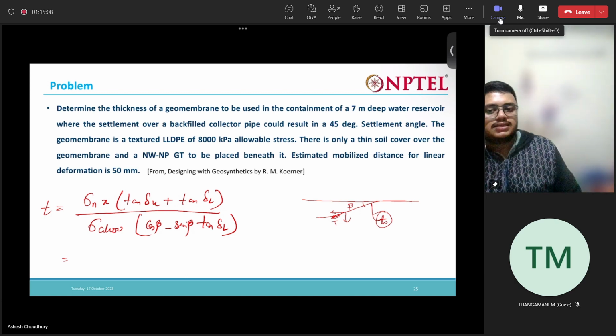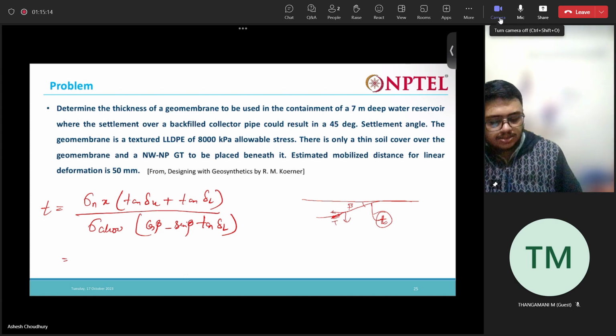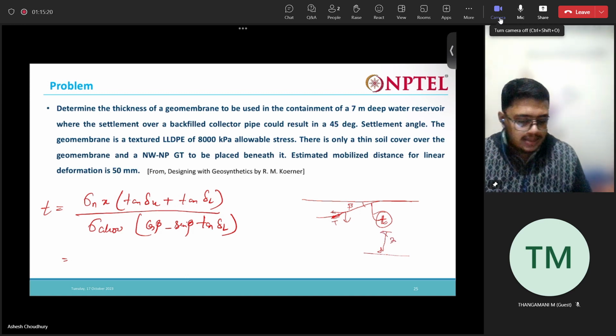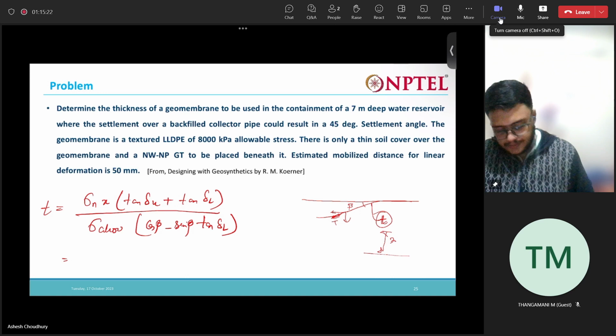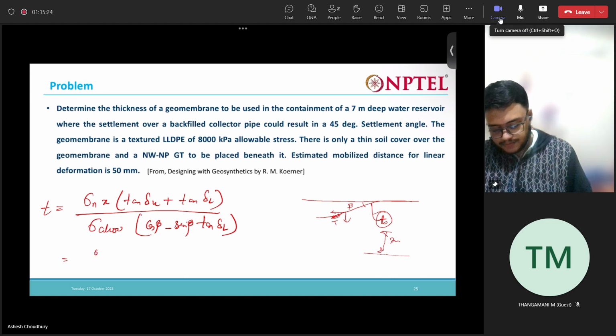So what will be the vertical stress? 7 meters, right? Water is there above it, so 7 meters high water. So 7 meters times 9.81, that is 68.67. How did we come to this? What is the mobilization distance? 50 mm.